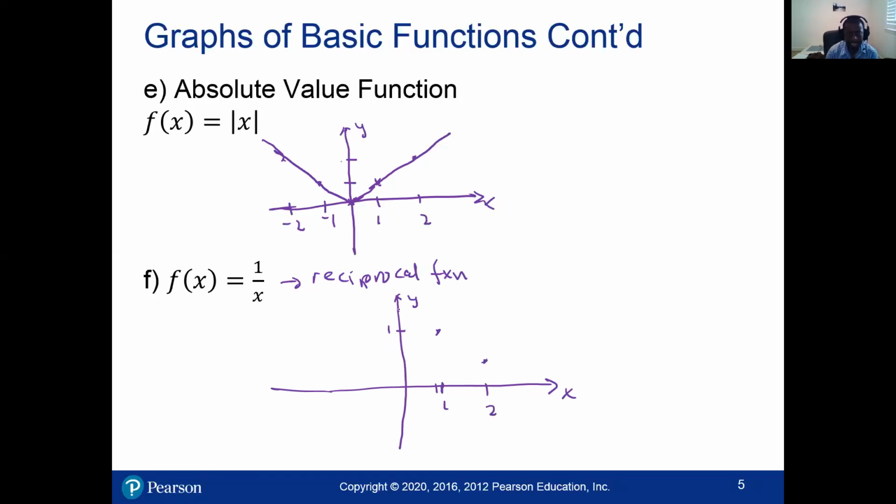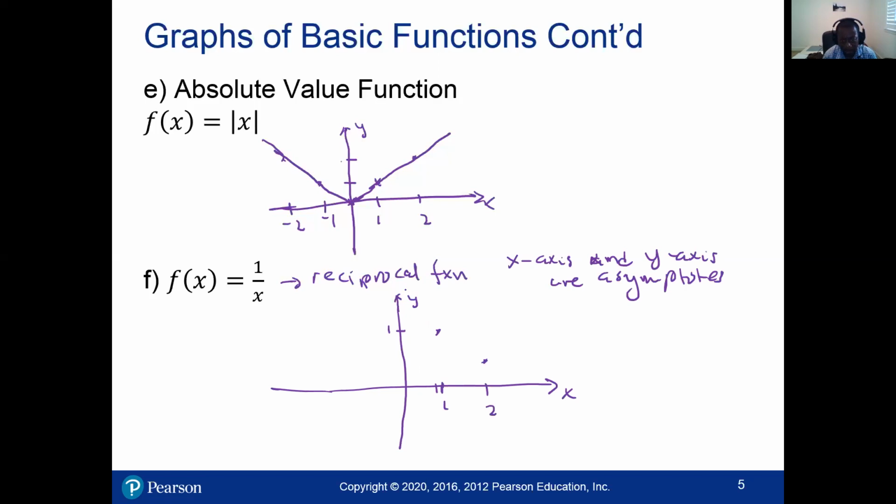Now the x-axis and y-axis are asymptotes. We will talk more about this when we get to chapter 4, I believe.